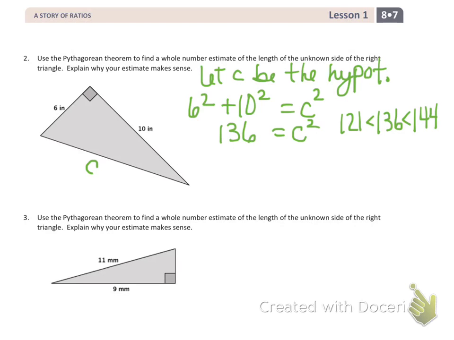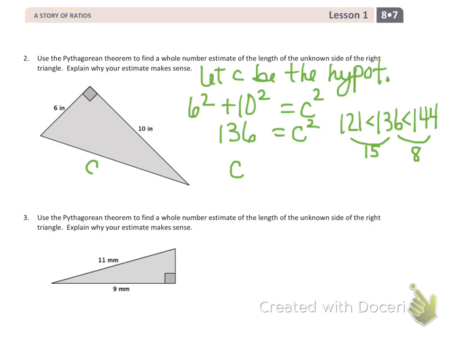So we just need to know if it's closer to 144 or closest to 121. So it's 15 away here, because 121 plus 15 would be 136, and it's only a distance of 8 away from 144. So we'd say it's closer to 12 squared than 11 squared.